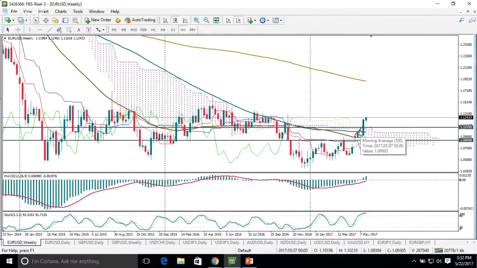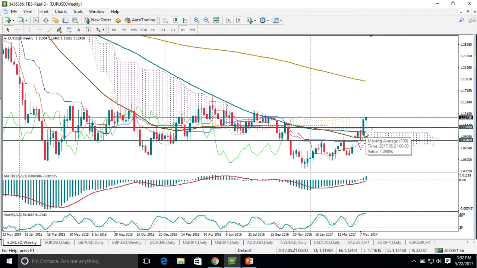Starting with our, I think, favorite currency pair, euro-dollar. And last week was a very successful week for euro bulls. As we can see, there was a big bullish candle on the weekly chart. We have managed to overcome some important resistance levels.